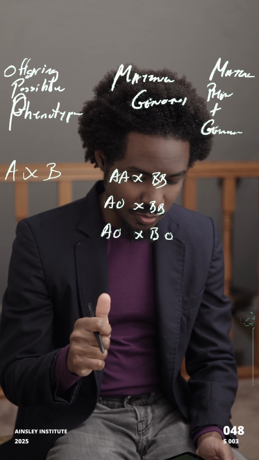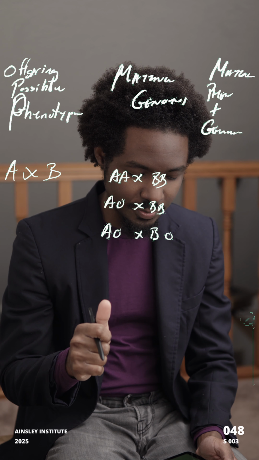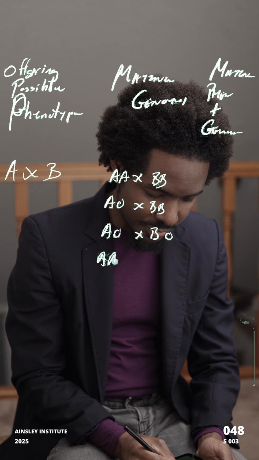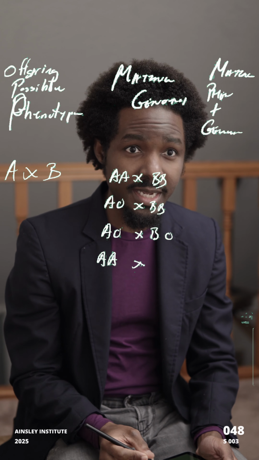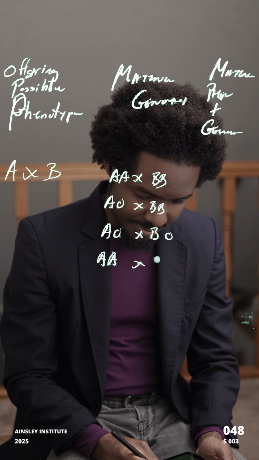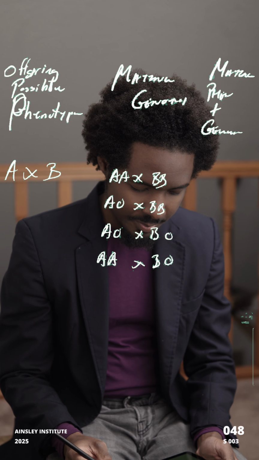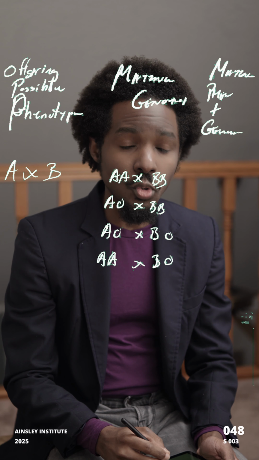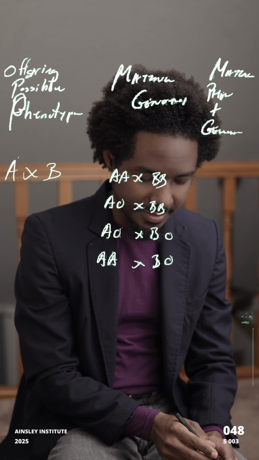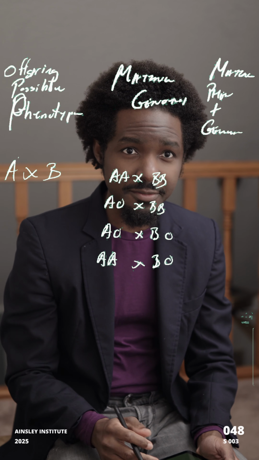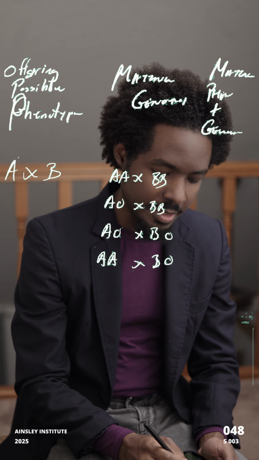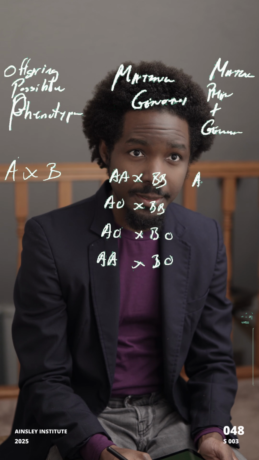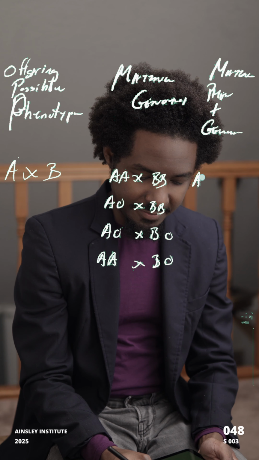But we also could have a situation where we have one person being AA times BO. All right, but all of these would be the combination of the mother and the father coming together. So this person has a potential to be a B individual.